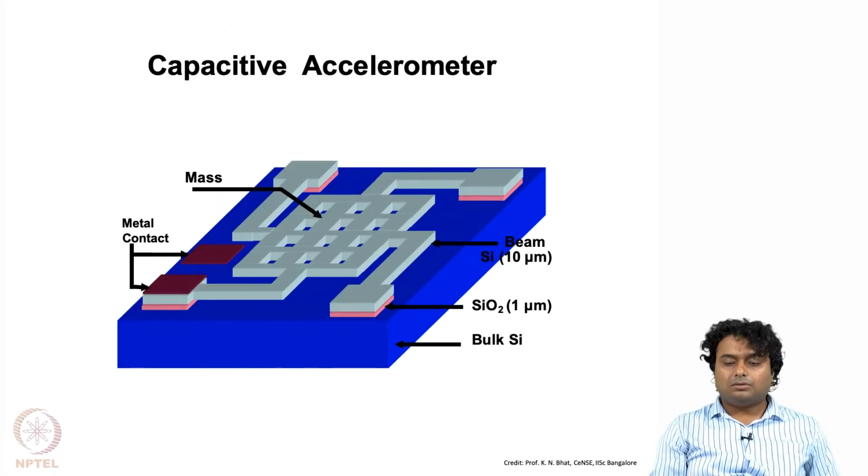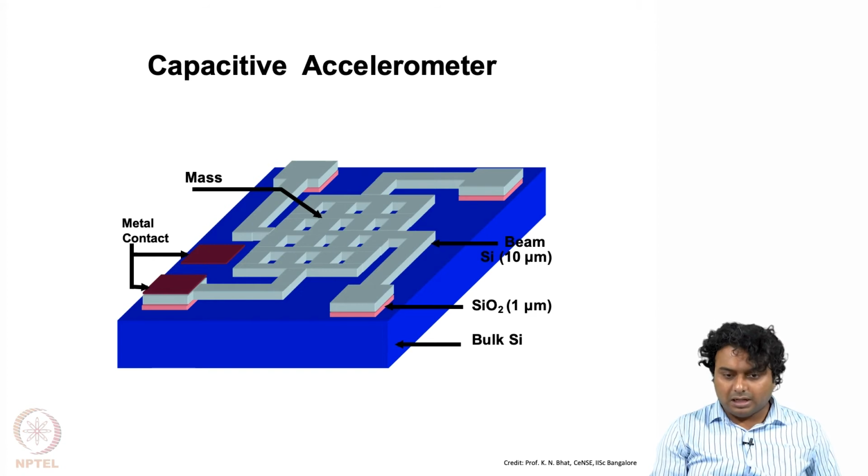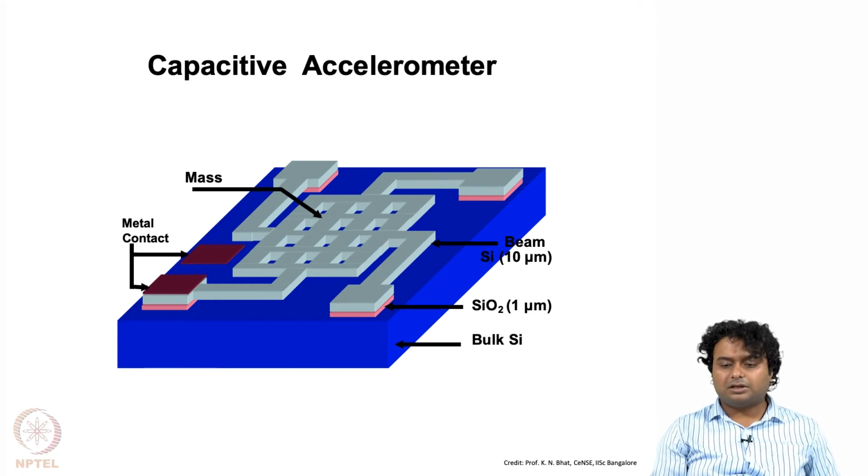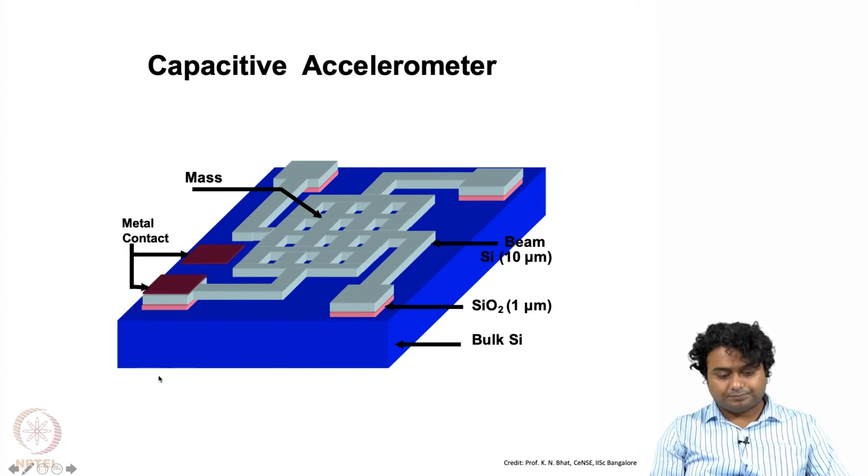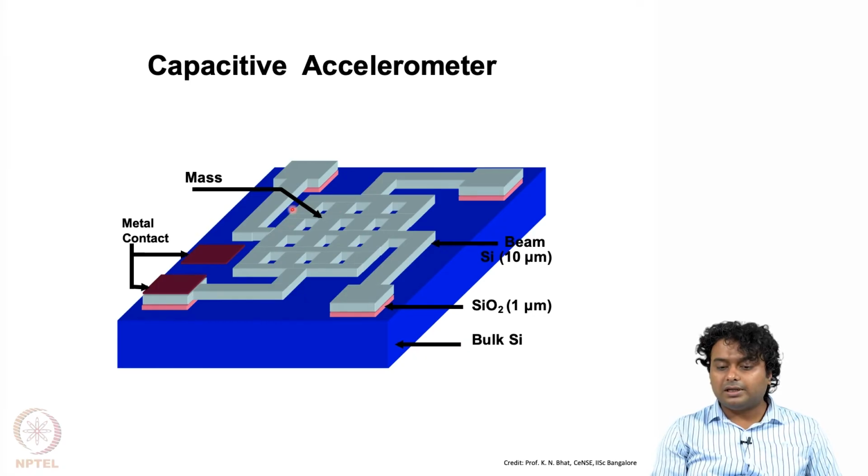Okay. So now let us move to the second type of accelerometer, that is the capacitive accelerometer, and here I am showing you this structure, which is a suspended structure. You see that this blue is the substrate, which is bulk silicon. Then on top of that there is this sacrificial layer or anchor layer, this is SiO2.